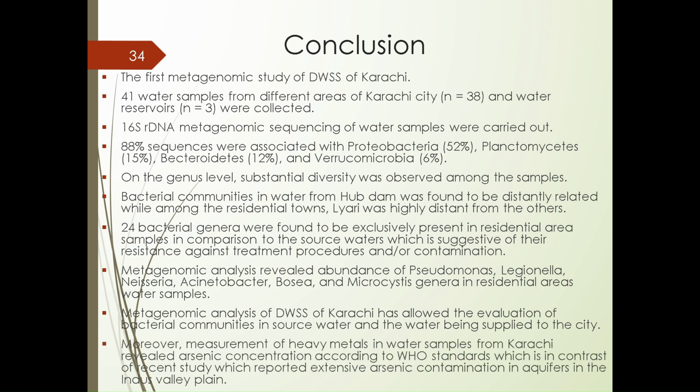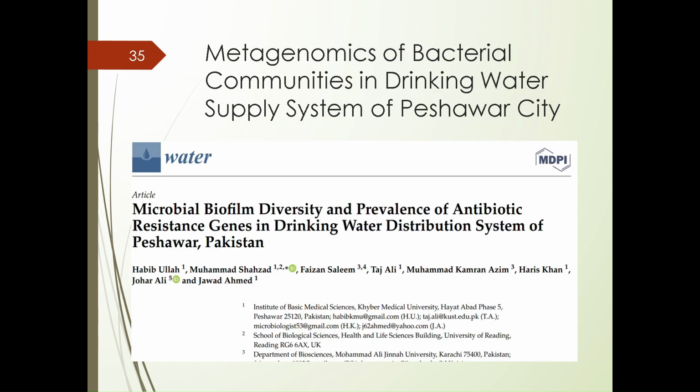We reported these observations in our paper. Recently, a similar study was published in collaboration with colleagues from Peshawar, in which the drinking water system was used for metagenomic analysis, and the paper was published in Water with our collaborator at Khyber Medical University.